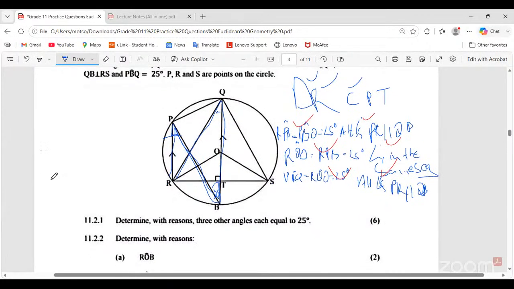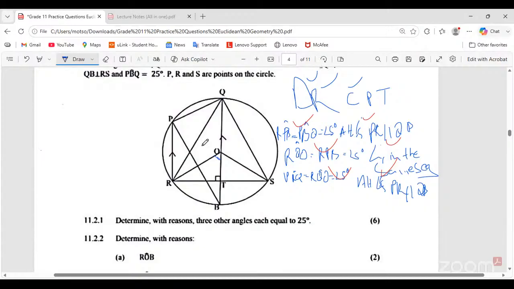Let's go to the next one, 11.2.2. Determine with reasons the size of angle ROB. ROB, which is this angle here. This one. So how are we going to find that angle?